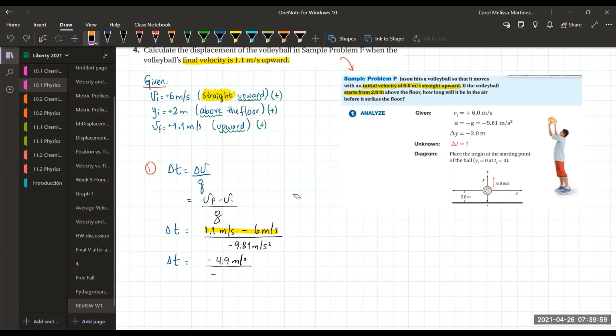Divided by negative 9.81, how much is this? 0.5 seconds. The units cancel, cancel, cancel, and cancel. And this is, as we already said, seconds.